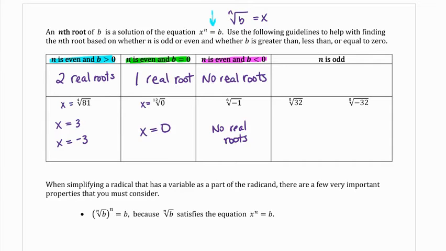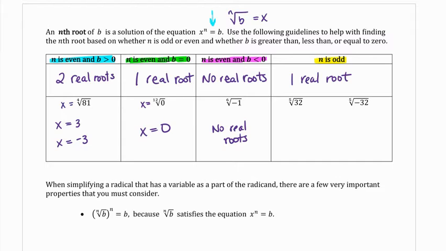All right, and then our last case is if the index is odd. So if our n is odd, just like we talked about with the cube root, here again, there's always going to be one real root. And it doesn't matter if the number inside is positive or negative, because when we multiply an odd number of numbers, we either get a positive or we get a negative.